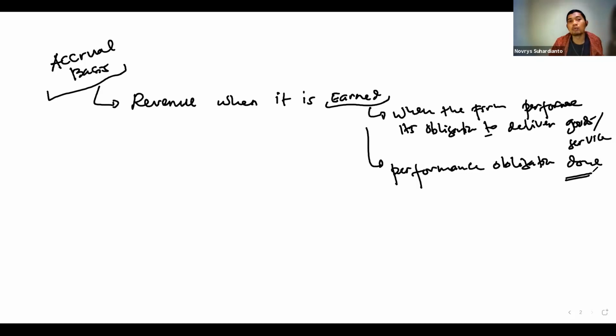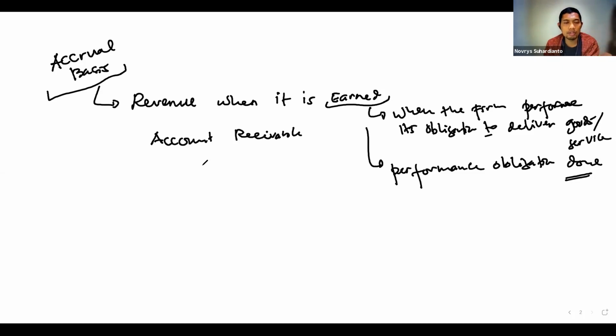That's why we record accounts receivable when the customer has not paid his obligation. However, we have to focus on our side as a business: just deliver the inventory, deliver the service, and done.